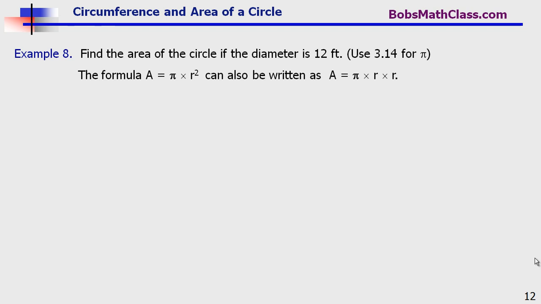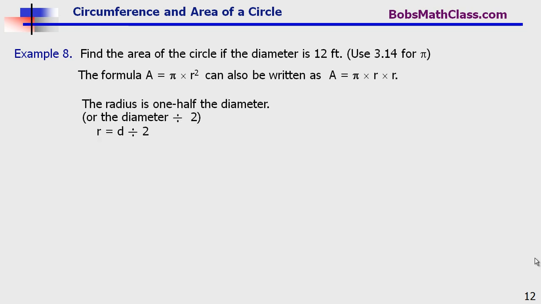Remember, the radius is half the diameter, or the diameter divided by 2. So if the diameter is 12 feet, then what's the radius? Right, 6 feet. Now we can use our formula. That'll be A equals pi times 6 feet times 6 feet.